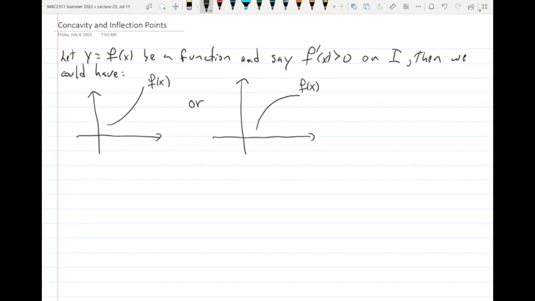So imagine that this is your interval I. This is happening over the interval I. So far, with this information that I'm giving you, all you know is that the graph of the function is going up. So it could be going up with this shape or with a shape like this, or maybe with a line. Okay. I don't know. It could be going up like this as well.